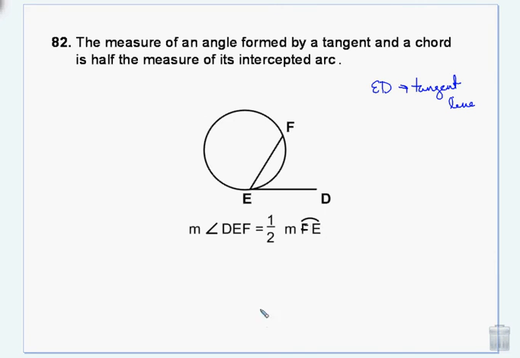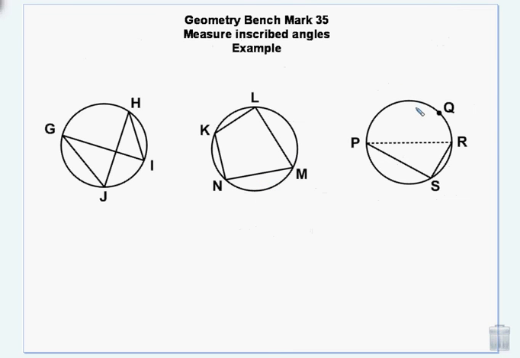Sorry. Okay, so this angle here is 1/2 of this arc here. So same basic kind of idea. So if the measure of arc FE is 80, then angle DEF would be 40.